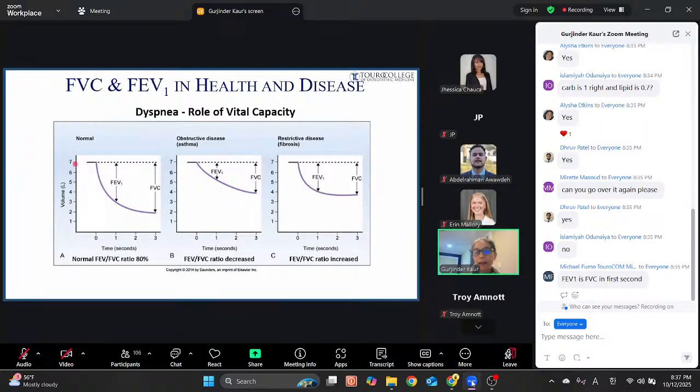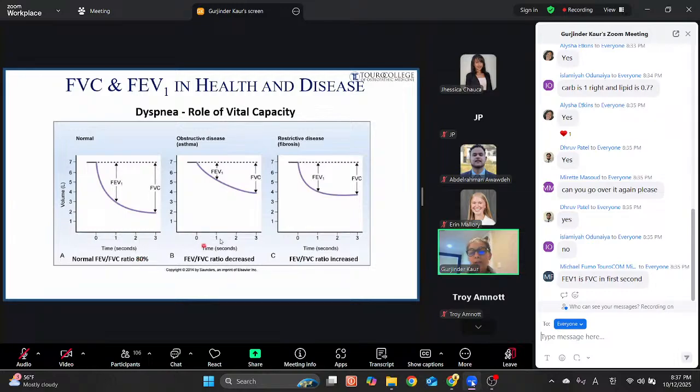We always have the expiratory graphs going downwards. That's how they will show on the spirometry. You see my point? So here is your FEV1, which is 4 liters. In the very first second, a normal person will get most of the breath out, right? So your ratio between 70 to 80% is considered normal.